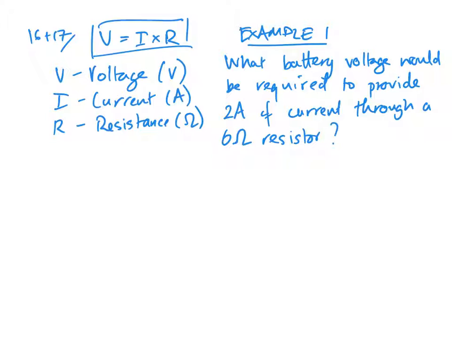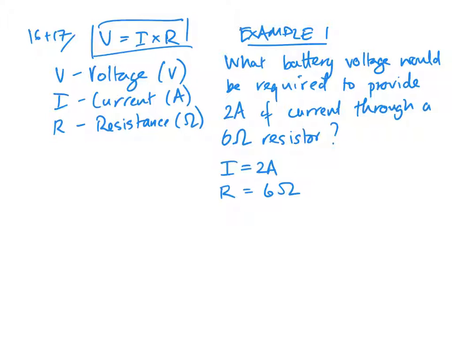Question, it tells us what the current is. The first number I come through as I read through the question is 2 amps of current. So in my answer I write down I equals 2A. And then reading through the rest of the question, through a 6 ohm resistor, so it's telling me that the resistance that I'm interested in is 6 ohms. So I write down R equals 6 ohms.